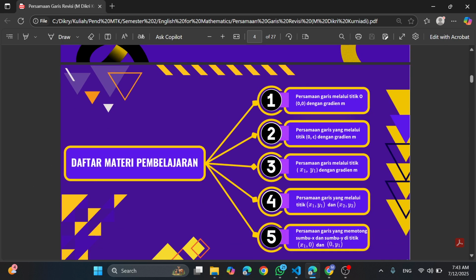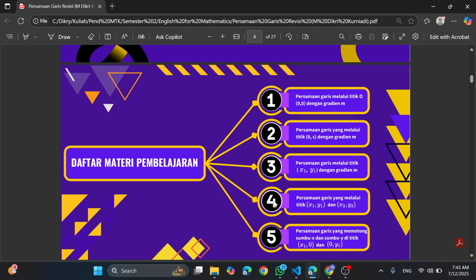Learning material layers. First, the equation of a line passing through the origin, point 0, 0 with slope m. Second, the equation of a line passing through the point 0, c with slope m. Point 3, the equation of a line passing through the point x1, y1 with the gradient m.